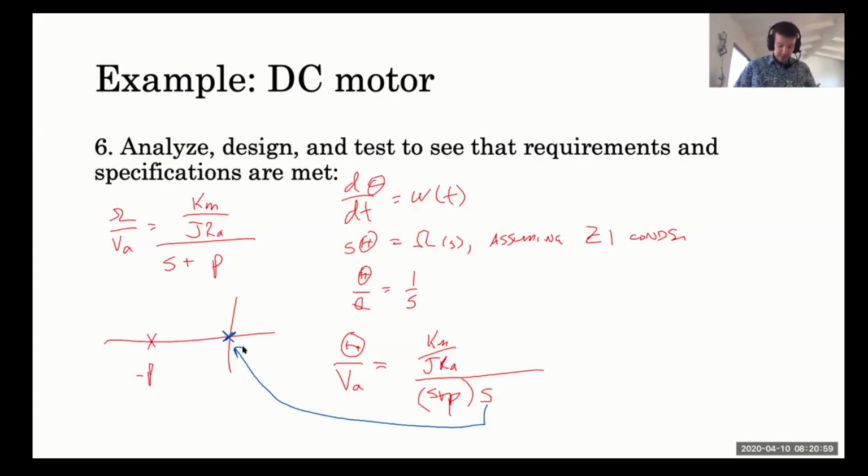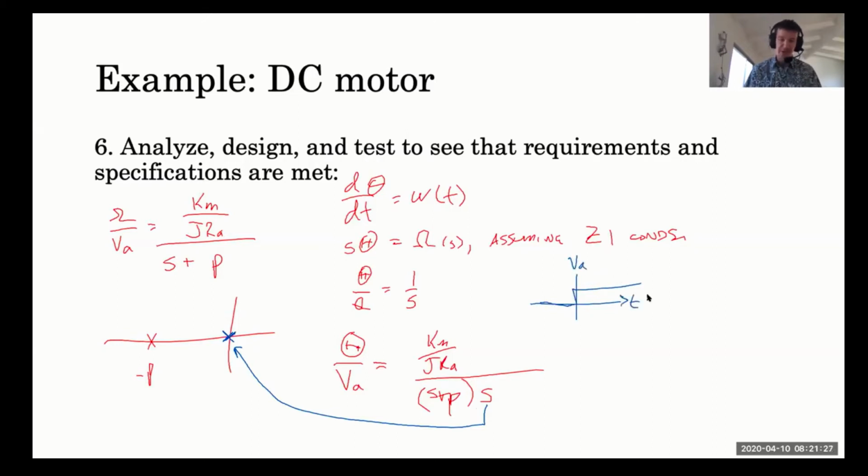So this means that if we want a bounded position as the output of our system, if I input a bounded voltage, I'm not guaranteed a bounded position because we now have an integrating pole here.